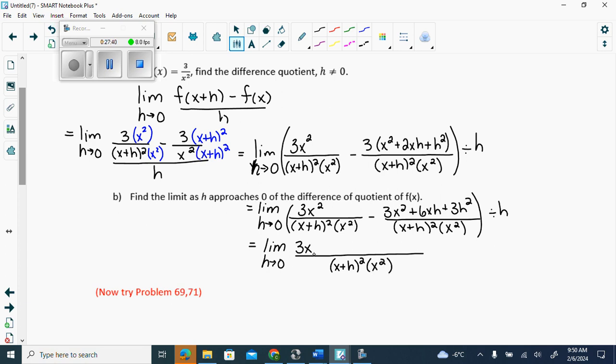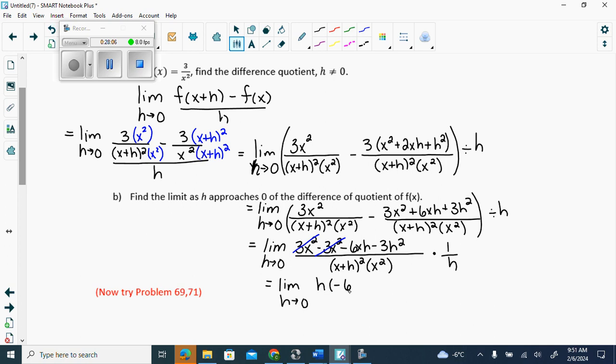And I get 3x squared minus 3x squared minus 6xh minus 3h squared. And then times 1 over h. The 3x squareds cancel. I can take an h out of the numerator, because ultimately I'm trying to get this h to cancel. That's the whole goal the whole time. So I can take an h out.